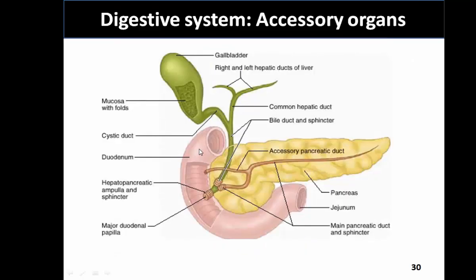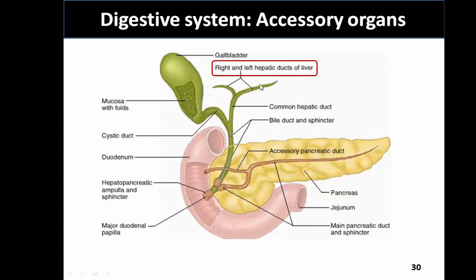So in terms of the accessory organs, what we have here, the accessory organs will produce compounds and generate secretions that will contribute to chemical digestion, and those compounds are moved directly into the proximal portion of the small intestine, and it does so through a system of ducts.